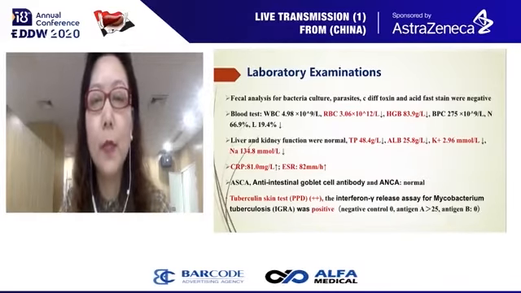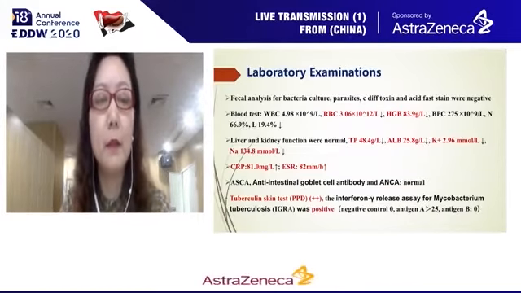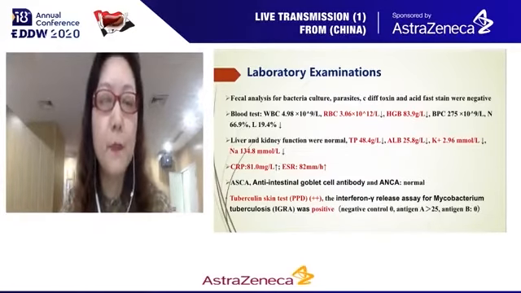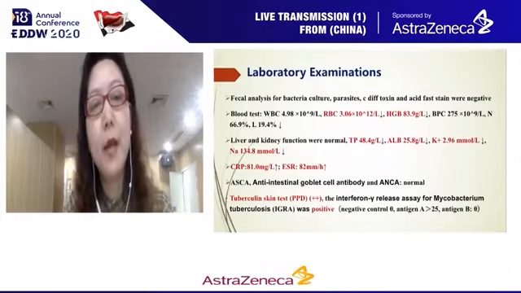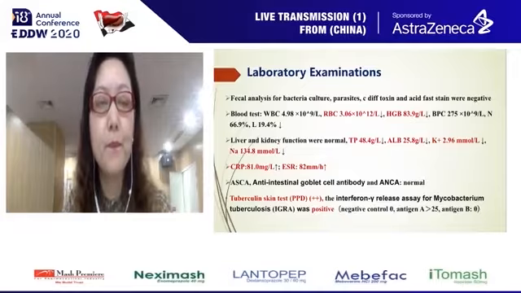Total protein and ALB decreased, suggesting malnutrition. The potassium and the sodium were also decreased. The inflammatory biomarkers CRP and the ESR were remarkably increased.